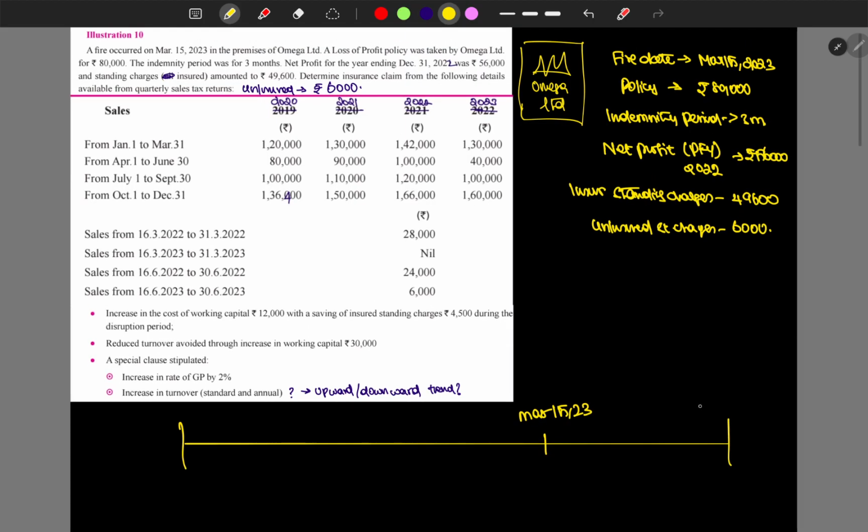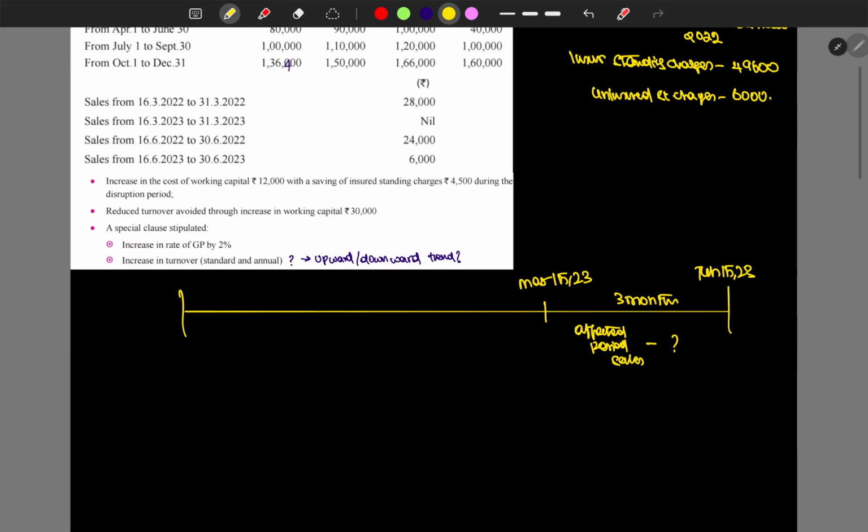So it was affected till June 15, 23. 3 months, right? So this is the affected period sales. We are not given that information, so we'll give a question mark.